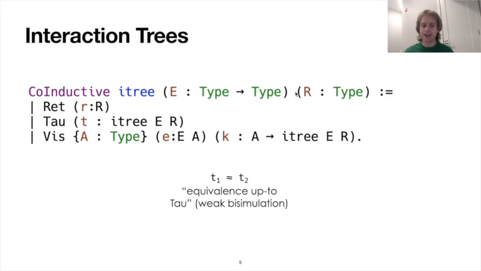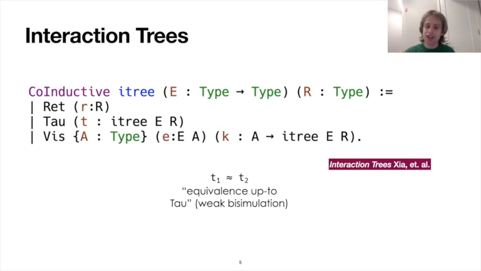We also have this equivalence relation, equivalence up to tau, or weak bisimulation, and that lets you remove a finite number of taus from either side of the bisimulation symbol, and doing this allows you to ignore taus except in the case where you have divergence with just silent computation like that.